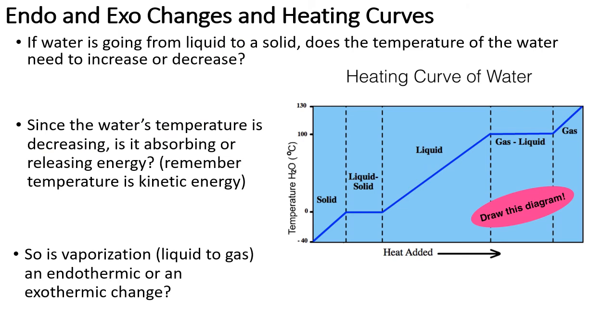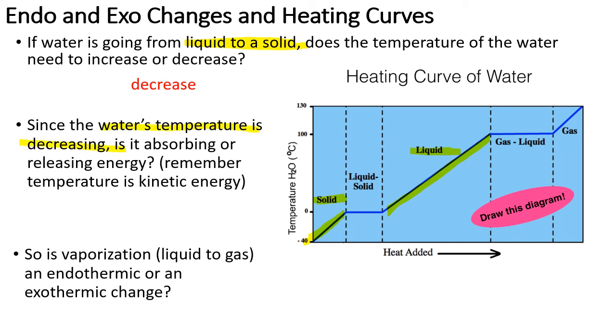Let's do another one, this time from liquid to solid. So going from a liquid to a solid, does the temperature of the water need to increase or decrease? Well, liquid is 0 to 100, solid is 0 and below, and it's going from liquid to solid. So the water temperature would need to decrease. Since my water's temperature is decreasing, is it going to absorb or release energy?